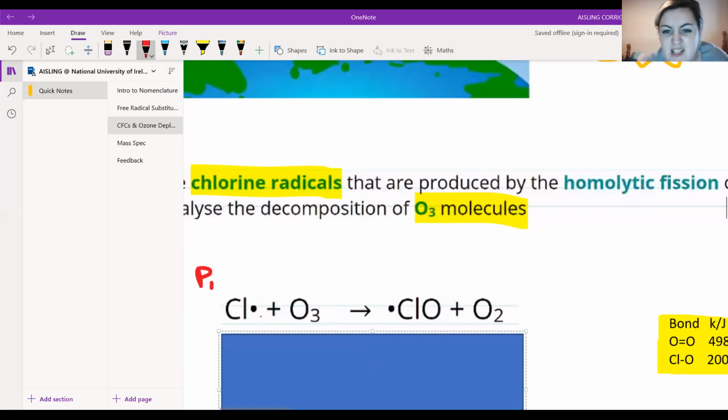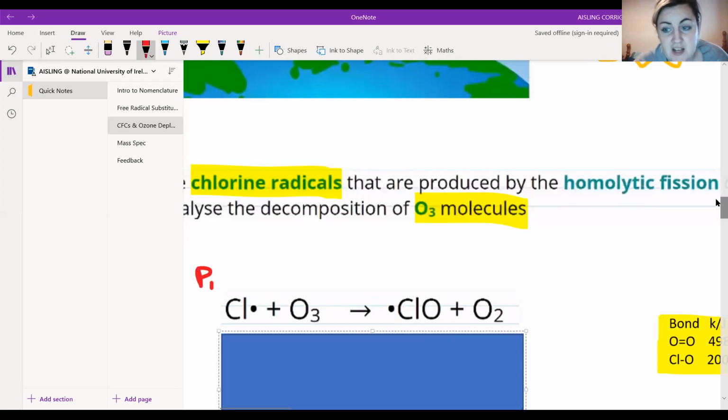And what happens is it's going to grab one of the O's from here. And what we do is we form ClO, or chlorine monoxide, a ClO radical and an O2 molecule. So straight away, in our propagation 1 step, we've broken down an ozone and converted it to O2. So again, propagation 1: radical, stable molecule, making a new radical and a new stable molecule.